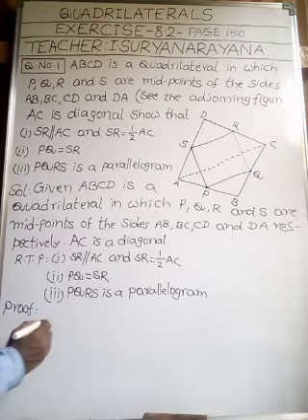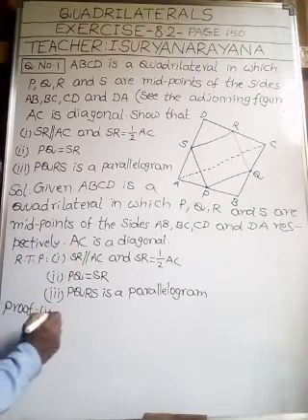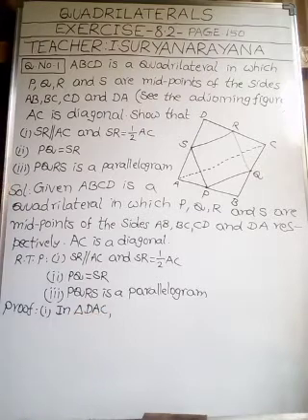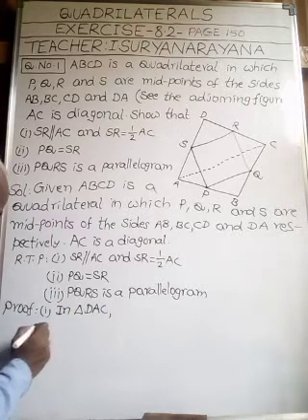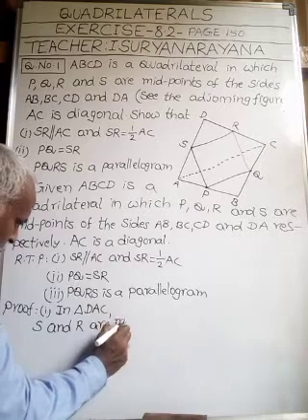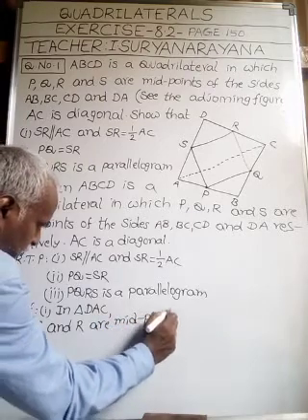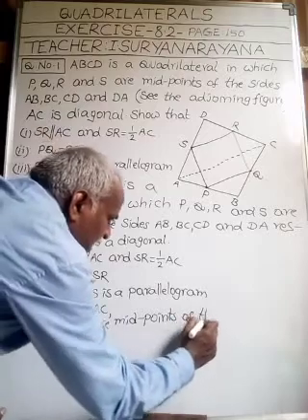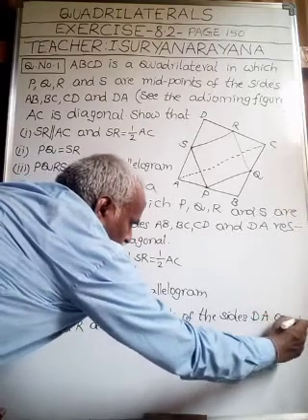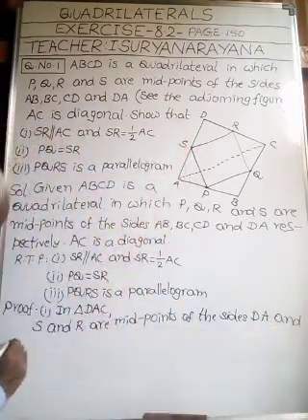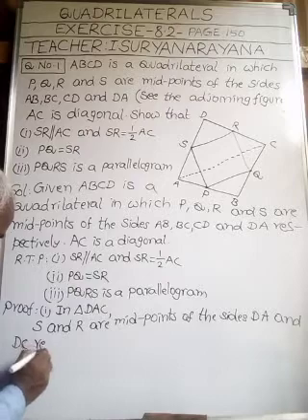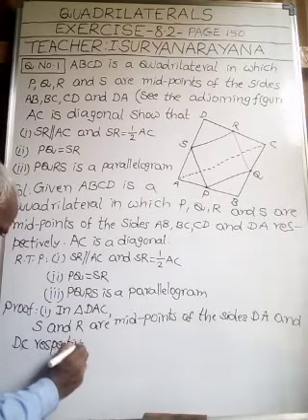Right. So let us take this first one. We are proving that in triangle DAC, S and R are midpoints of the sides DA and DC respectively.